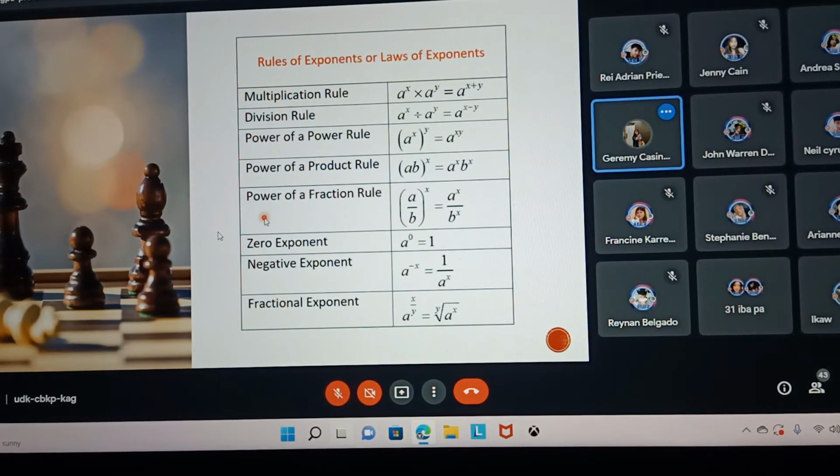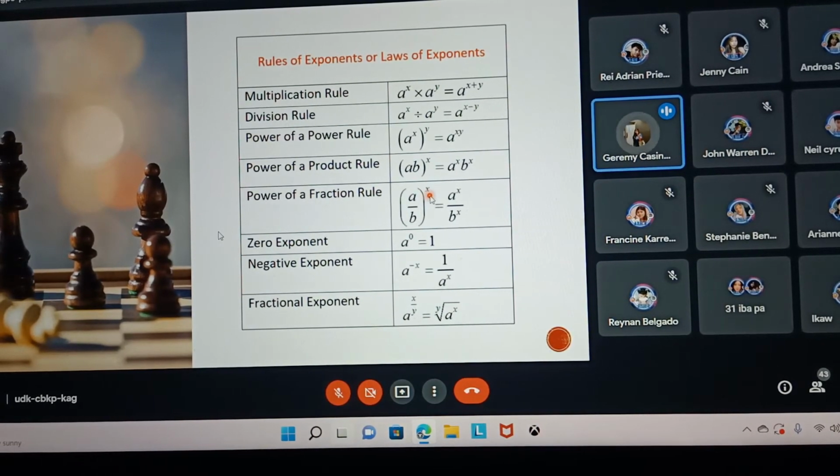Next, we have power of a fraction rule. Okay? Actually, same lang rin siya sa power of a product rule wherein i-distribute rin natin kung ano ang value ng exponent natin sa labas ng parenthesis, i-distribute natin siya sa ating numerator and sa denominator.